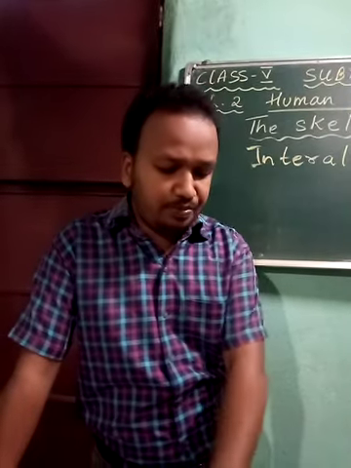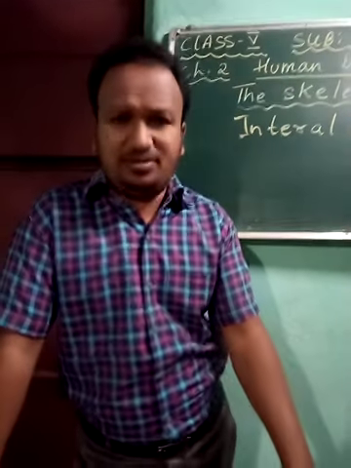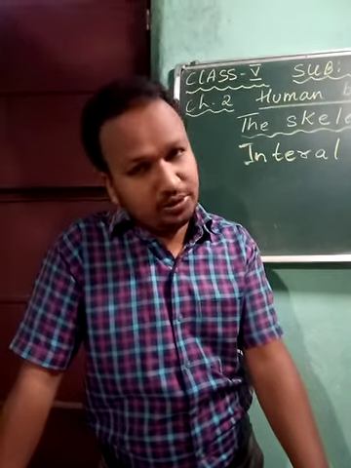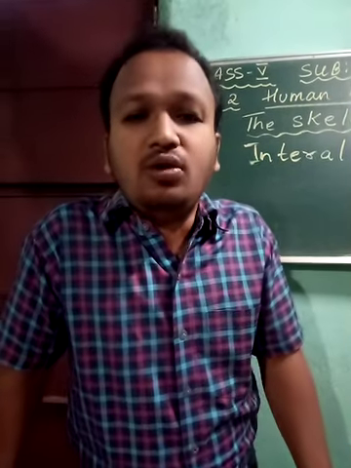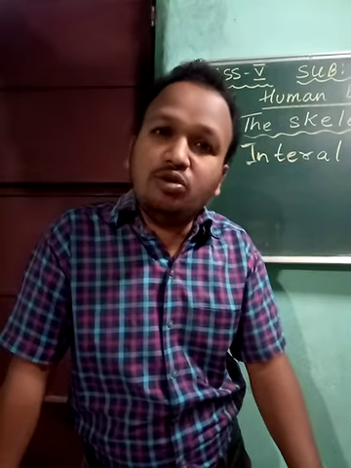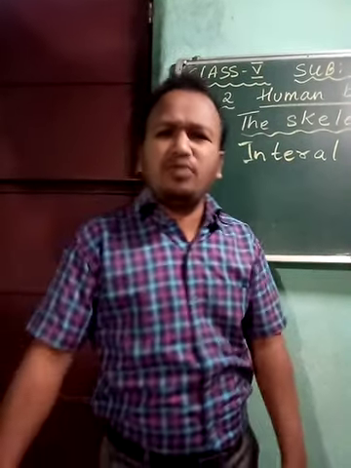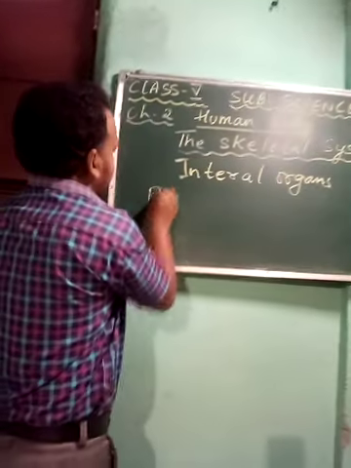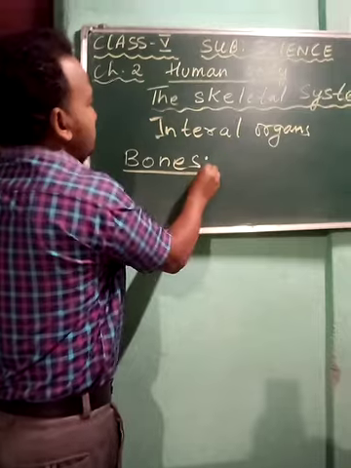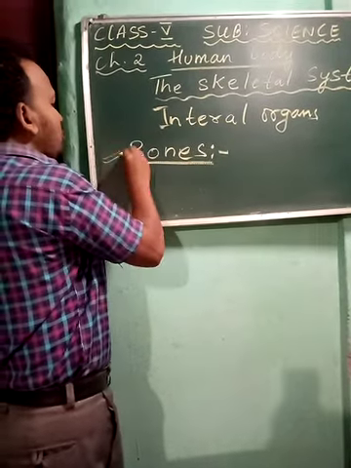The complete skeleton is made with bones. One by one we are going to learn about the different parts of the skeleton system in the human body. First we are going to talk about bones.